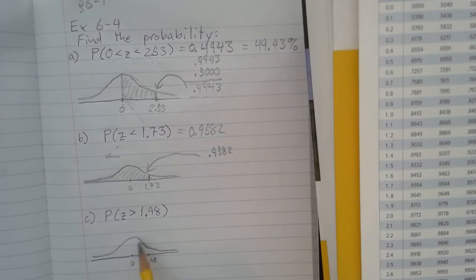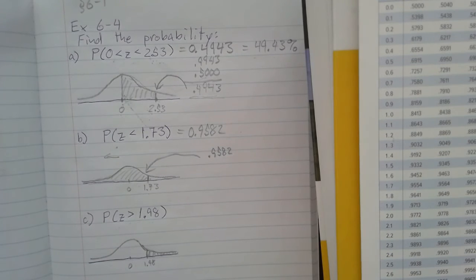Anywhere to the right of 0 is fine. Now we want our Z values to be greater than 1.98. If we were looking at this as an inequality, our Z values would be over here to the right of 1.98. And so we want the area underneath the distribution curve located to the right beyond Z equals 1.98.